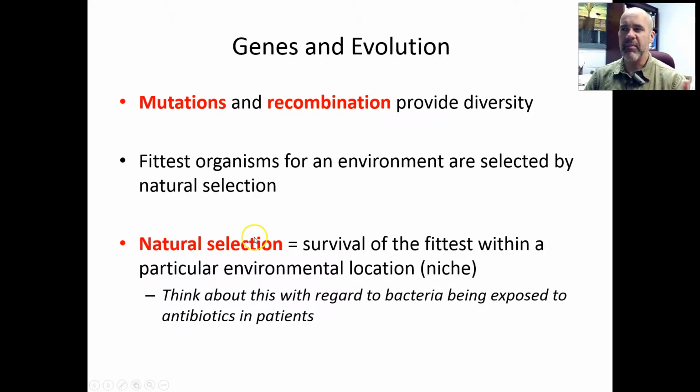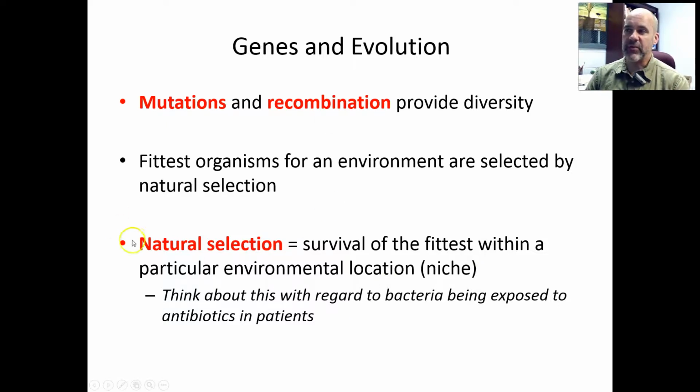And remember, natural selection as a process is sometimes thought of as survival of the fittest organisms, the fittest members of a species in a particular environmental location. Sometimes those are called niches. They're the ones that are most likely to survive and go on to pass on their DNA to their offspring.